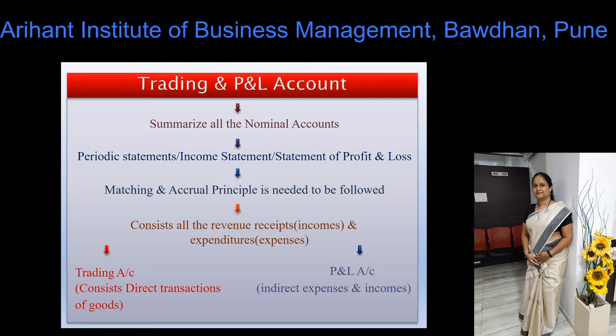The trading account consists of direct transactions of goods, whereas the profit and loss account consists of indirect expenses and income. In the trading account, there will be your manufacturing cost or that cost which is directly related to your main business activity. It may be a production activity. In the profit and loss account, all indirect expenses are included.